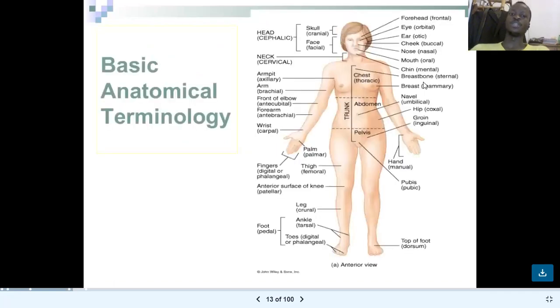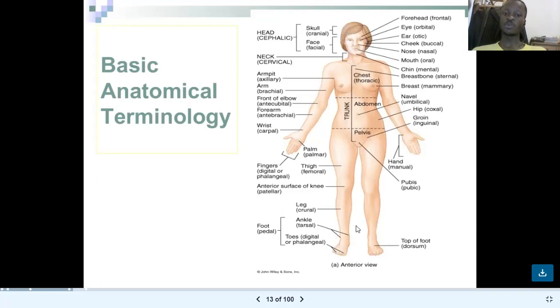Then moving further on to medical terminology, right? The basic anatomical terminology, we look at this picture. This is a lady who is facing you from wherever you're watching with their anterior body surface, right? The head region is what we refer to as the cephalic region, right?